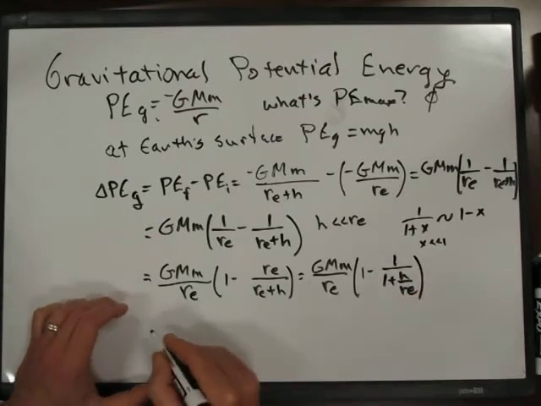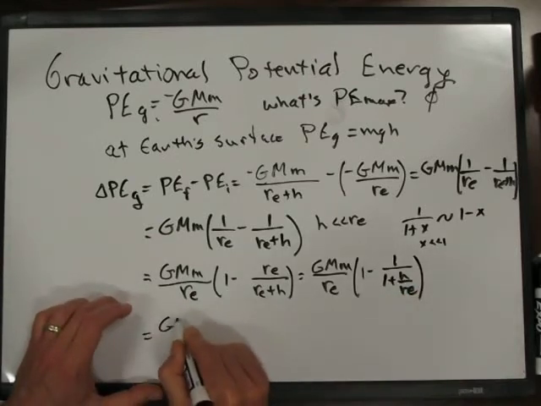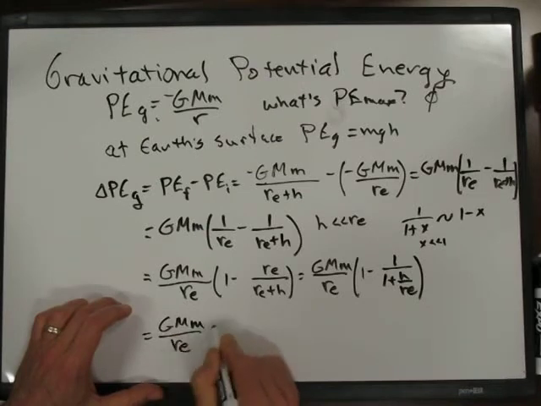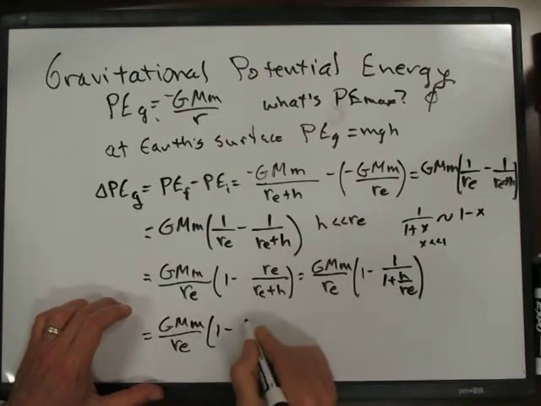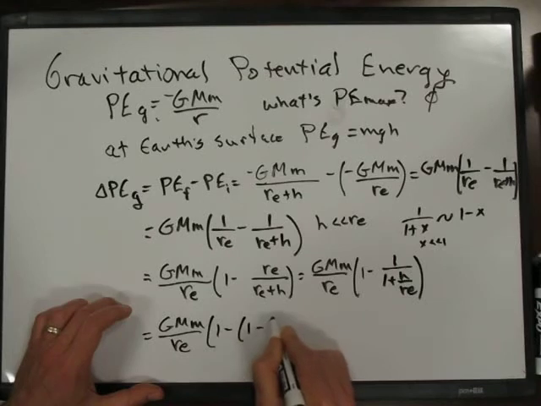And so this becomes G, mass of the Earth, mass of the object, over radius of the Earth, times 1 minus H over RE.